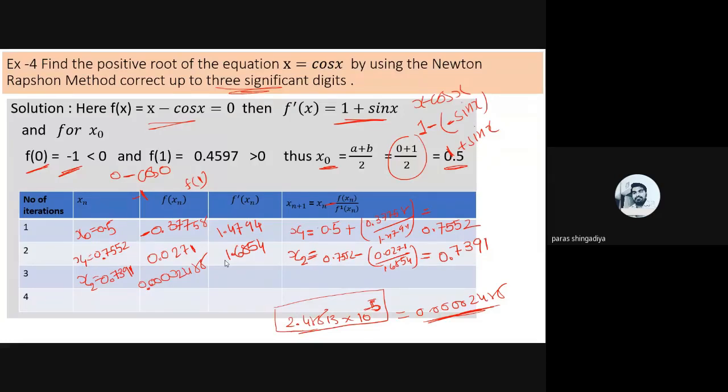Yes, that is 1.6736. Yes, that is the right answer. Now check x2, x3.